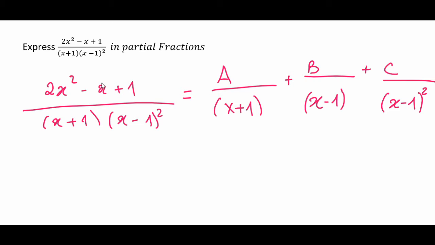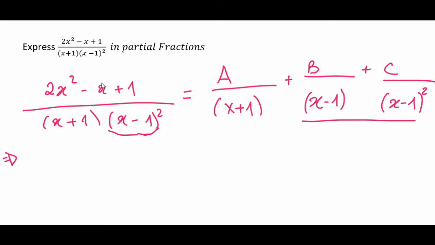Yes, in our last video we saw why we use this x - 1 and this (x - 1)². This is because this one is a repeated linear factor, and since it is a repeated linear factor, it is expressed in this form.